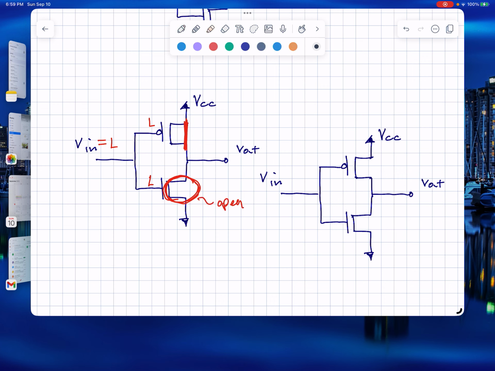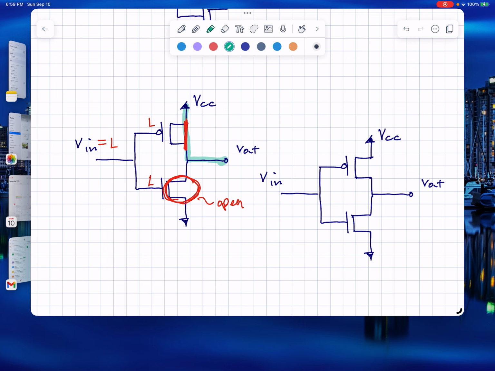The last thing I told you to do in the homework, in that part, is to identify the path. There's going to be a path that connects the output to VCC in this case. Whenever you're identifying the paths, typically it's either VCC or ground.